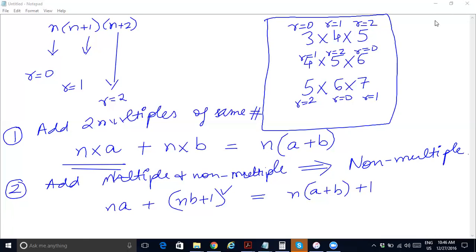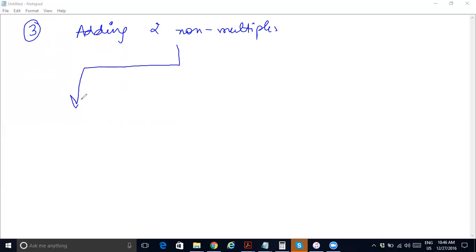Now, the third rule, and it is very important, is adding two non-multiples. We have two scenarios.